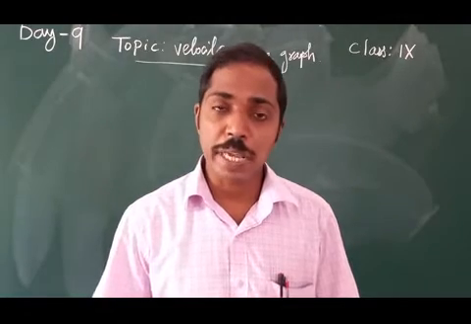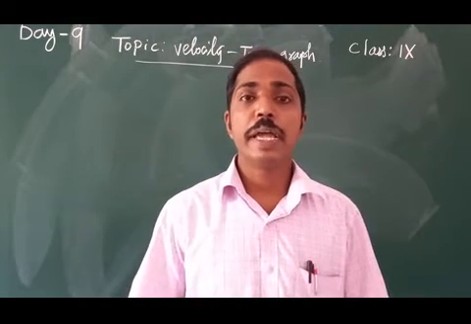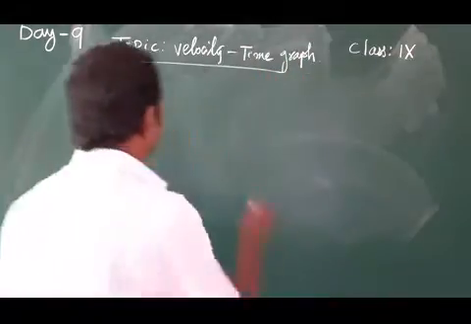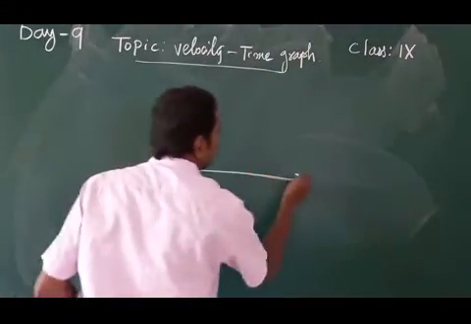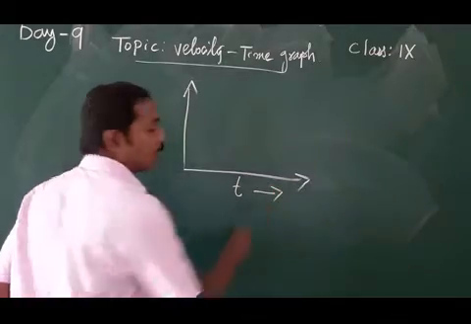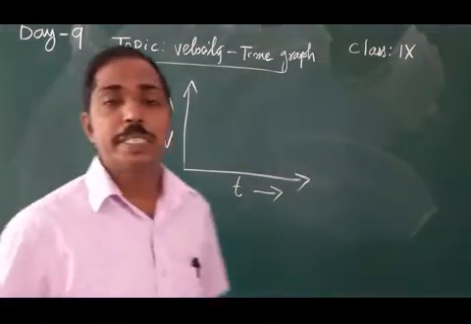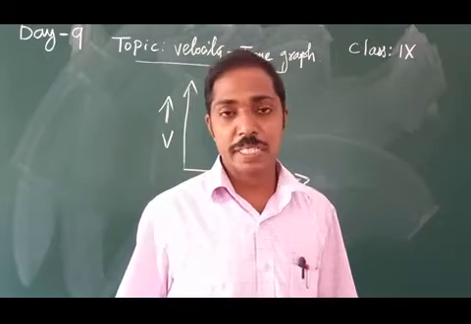What is a velocity time graph? When we plot a graph with time along the x-axis and velocity along which axis? Y-axis.